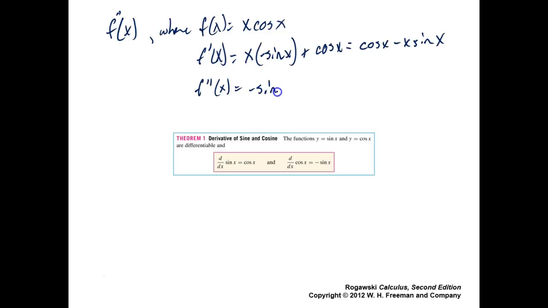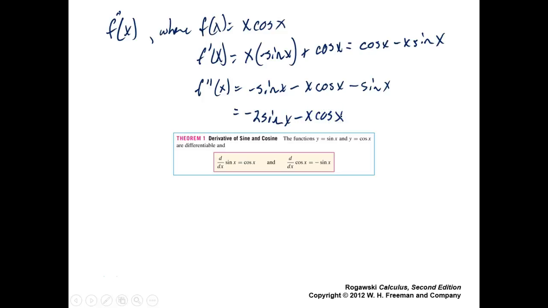Negative sine x, so negative x times cosine x. And then sine x, minus sine x, because you already had a minus sign in front. So what do we have here then? Negative 2 sine x minus x cosine x.